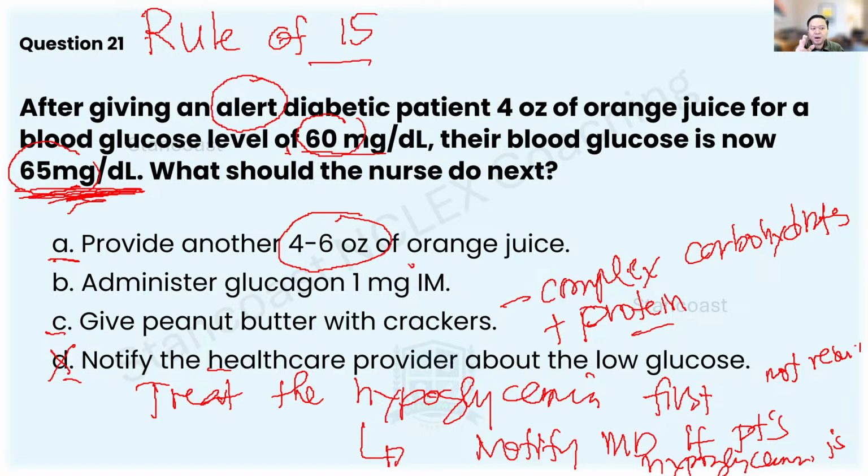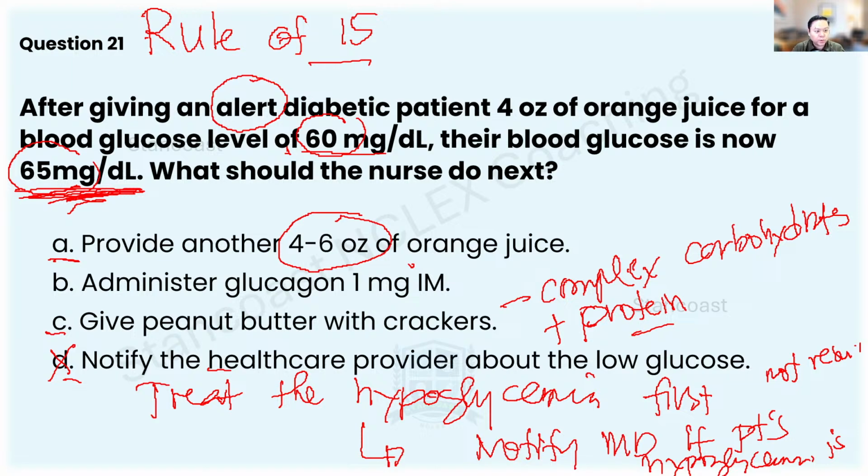If they are still not within the safe range after the second dose, we are going to repeat checking their blood sugar one more time, and then we will give them another dose of 4 ounces of orange juice. Why hasn't it responded yet?